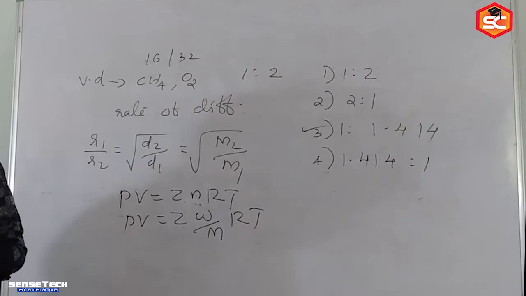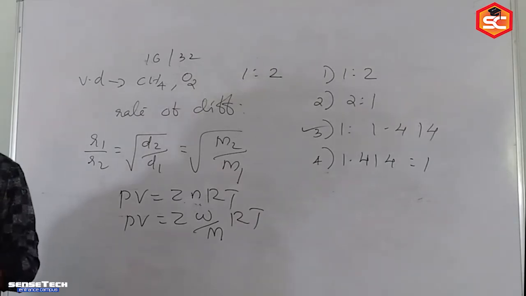So in the question they gave density, correct now? So density rho is equal to, what is the formula we studied? Density rho is equal to PM by RT. Here the density of oxygen gas at 25 degrees Celsius is given, milligram per liter, at 1 atm pressure.